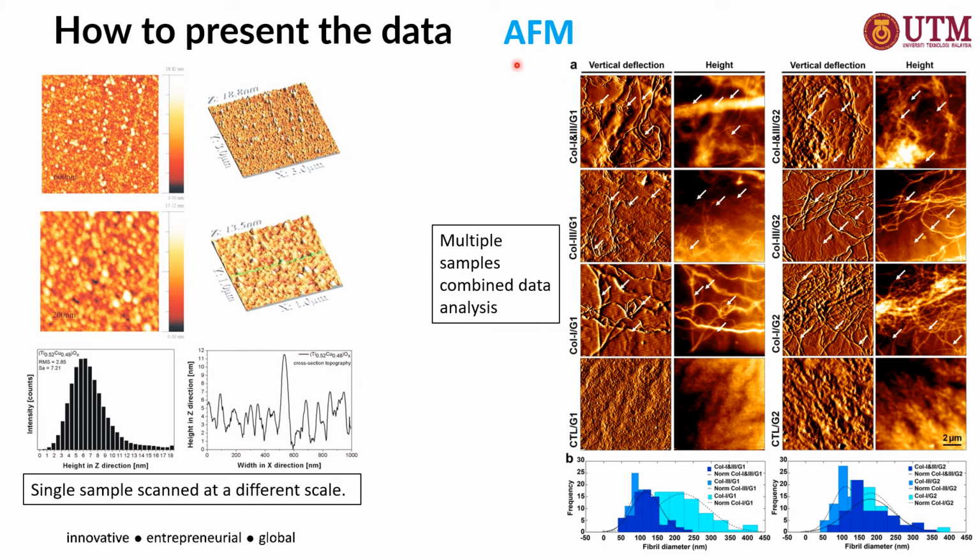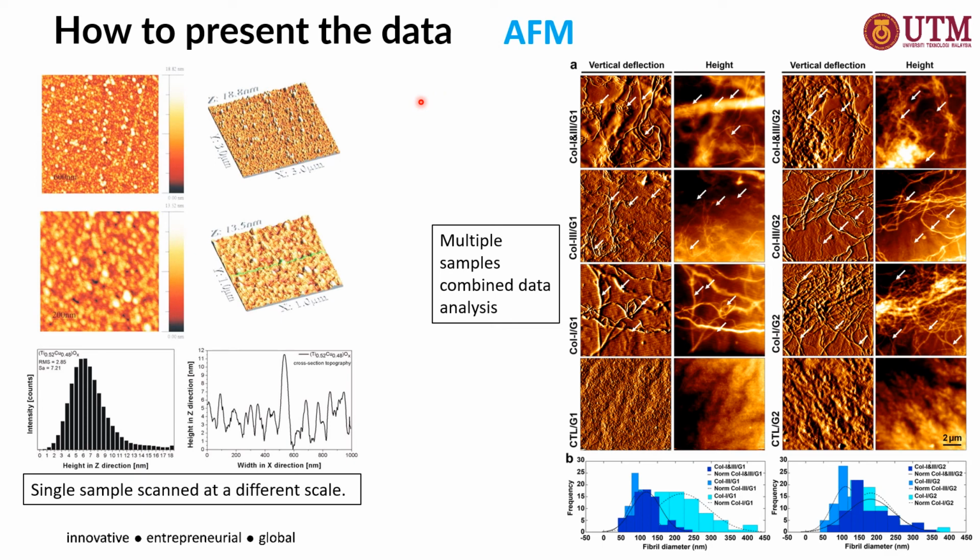Next, how you can present the AFM data. Basically, for the AFM data, normally we want to discuss the surface roughness, the wrinkles, and the morphology structure of the sample. However, the surface roughness must be within a specific range.